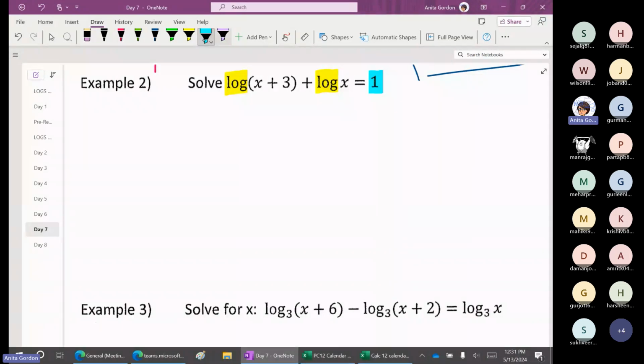I see that there's a plus sign between the logs. I notice that both logs are base 10, so they are the same base. I can have the insides multiply, right? So I can use the sum rule. This is log of x times x plus 3 equals 1.